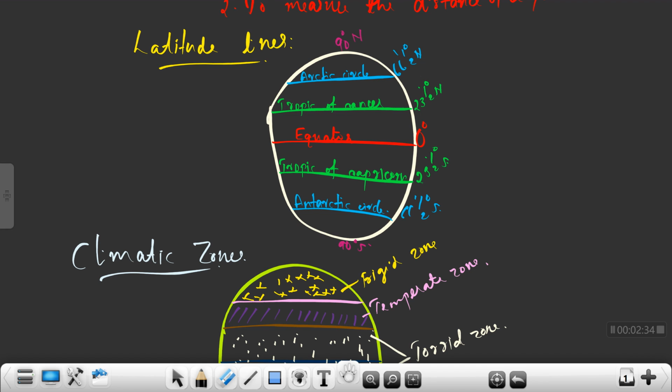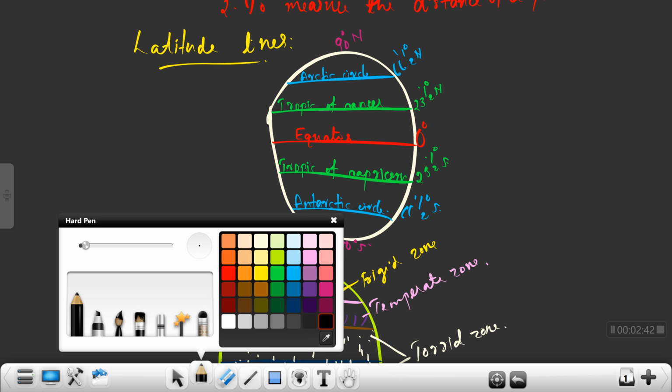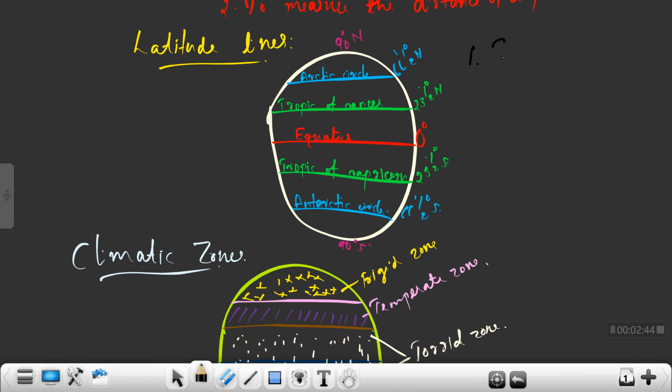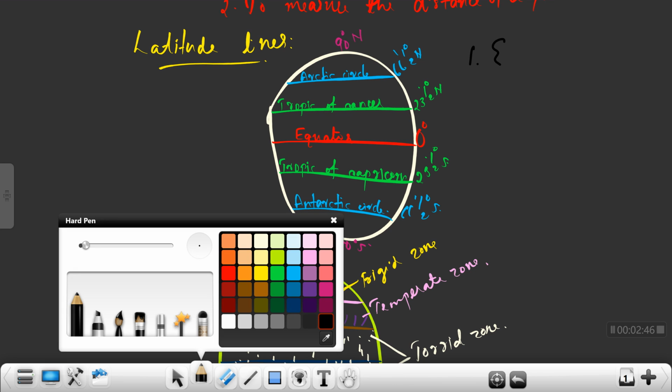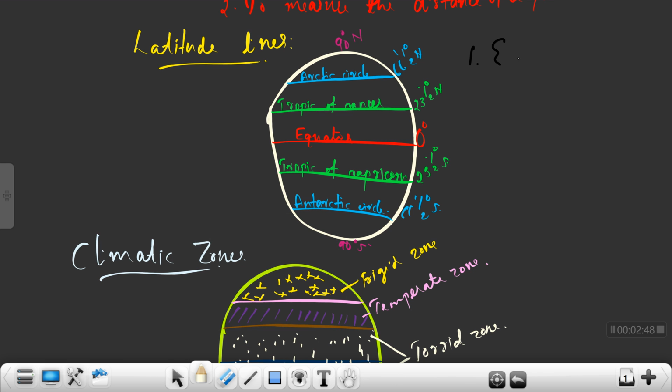Then important latitude lines. Six important latitude lines are there. First of all, the names of these important latitude lines are: first one, equator. Second one, Tropic of Cancer. Third one, Tropic of Capricorn.